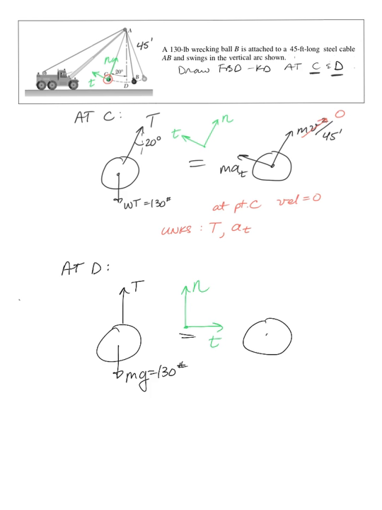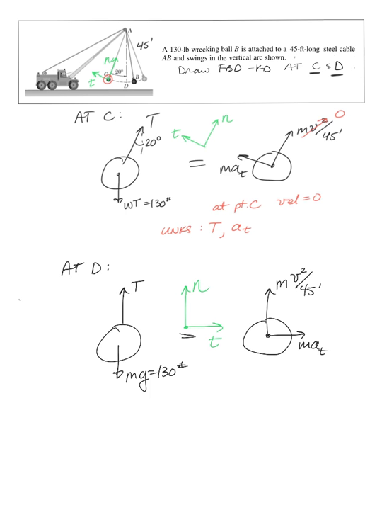And over here I've got mass times tangential acceleration, and mass times velocity squared over 45 feet. Now down at point D, you should have a good intuition that the velocity is definitely not equal to 0. It's going to be at a maximum.